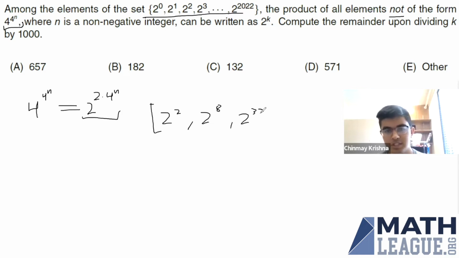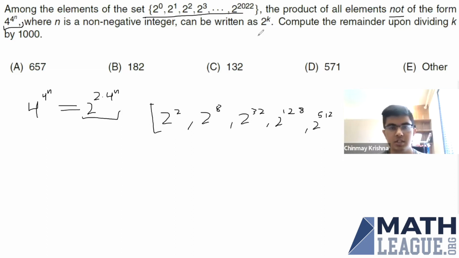So right now I'm just listing all of them that are not in the set. So 2 to the 128 is also not in the set. And then finally, 128 times 4 is 512, and after that, the power would be greater than 2022. So these are the 5 numbers that aren't in the set.